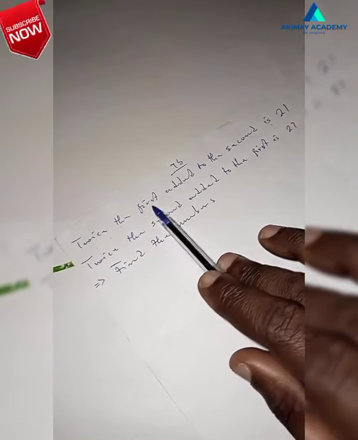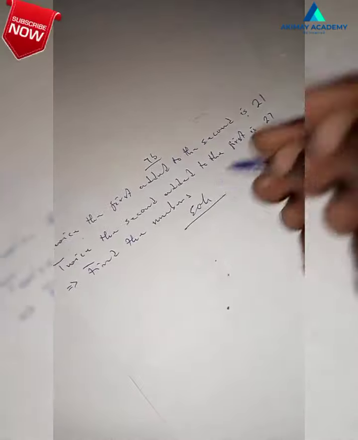Most of the time, "is" represents the equal sign. So twice the first number added to the second number is 21.